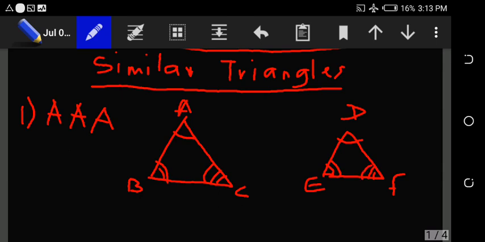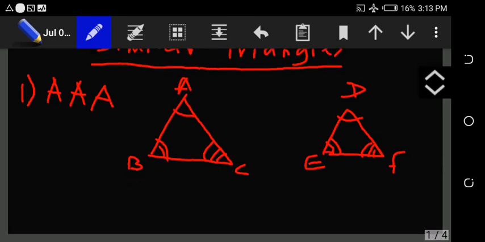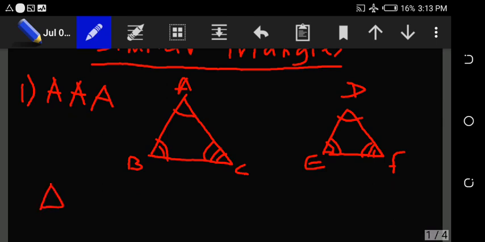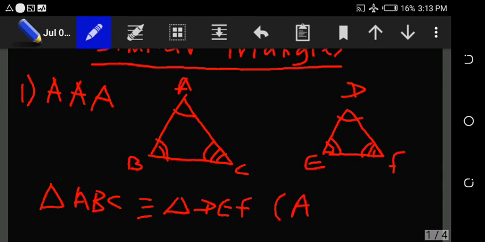In this case, we can say that triangle ABC is similar or congruent to triangle DEF, the reason being that they have three angles equal, AAA.